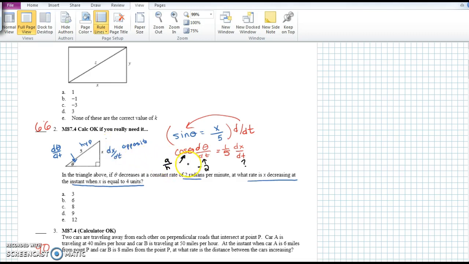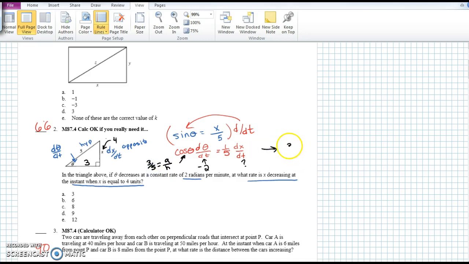And so now we will use the information when the instant x is 4. But when the instant x is 4, the adjacent is 3, so that we have a 3, 4, 5 triangle. And so a over h is equal to 3 over 5.